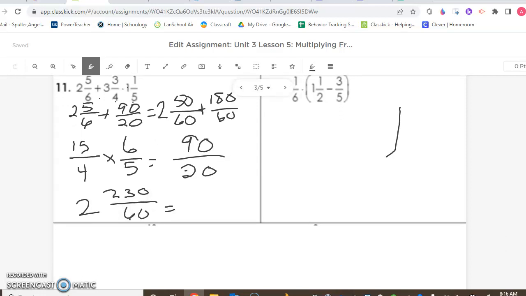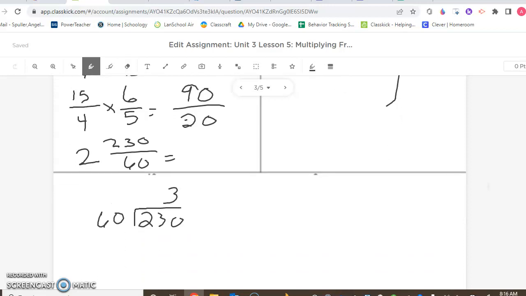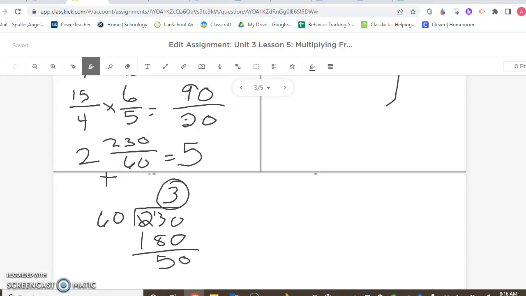Well, 60 can go in 230, well, it could go in there 3 times because that's 180. Borrow, that gives me 50 left over. So we got to add the 3 and the 2. So this would have been equal to 5 and 50 over 60.